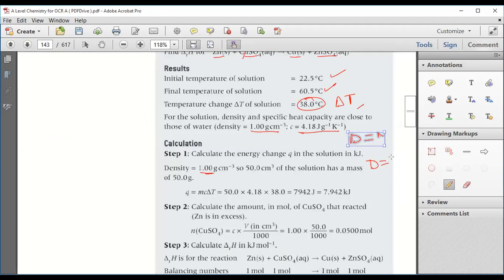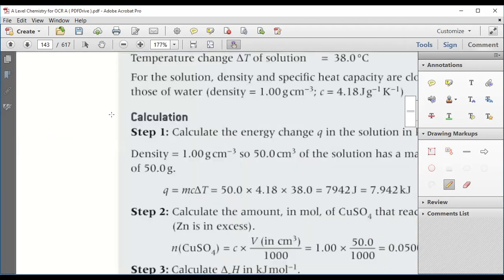Density is equal to mass by volume. Volume is 50, 50 into 1 is 50, so the mass will be 50 gram.